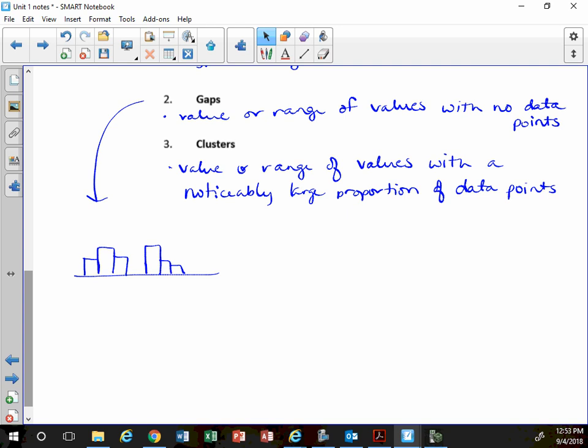Do you think your distribution can have a gap and a cluster? Yes. Yeah, you just need to make sure you describe what is happening and where it is happening.